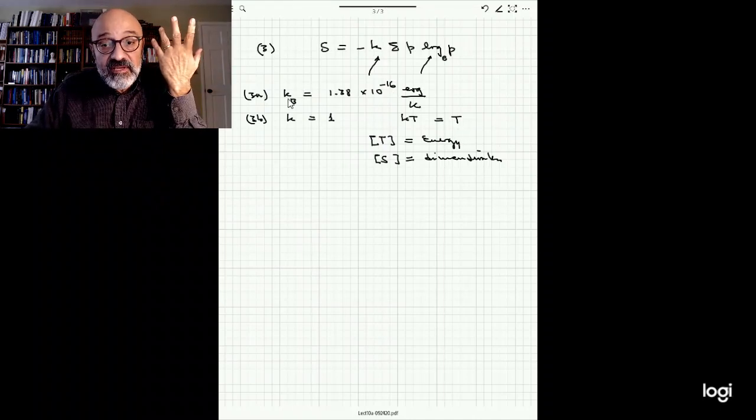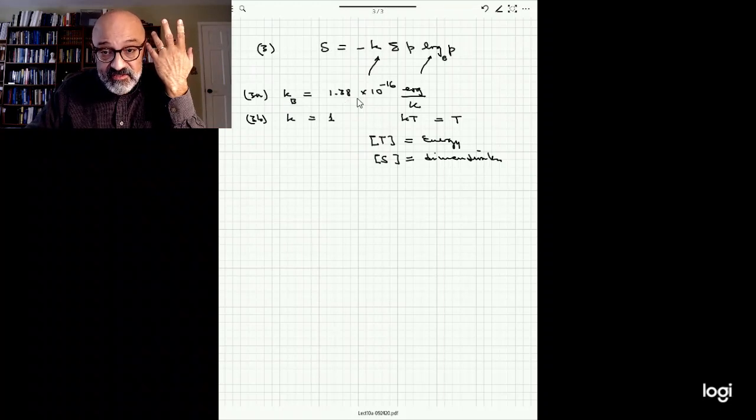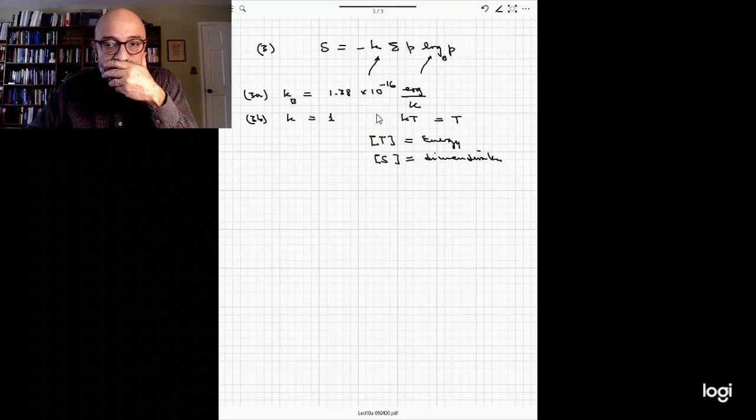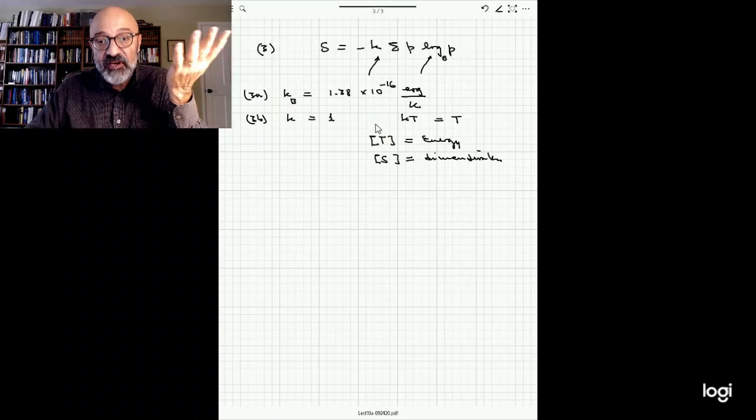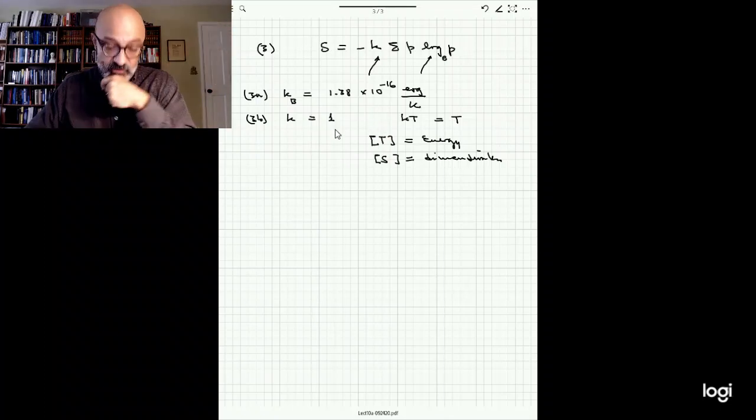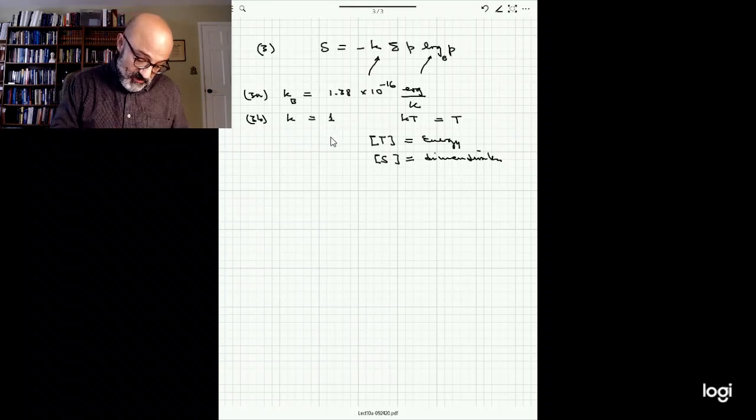Most books stick to having Boltzmann's constant equal to something like this. There are many books that choose k equals 1, Landau and Lifshitz being one. It's my preferred one.